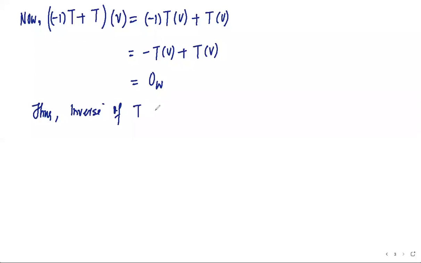So thus inverse of T belonging to L(V,W) is minus T. तो इस तरह से हमने प्रूव किया अब existence of inverse भी.